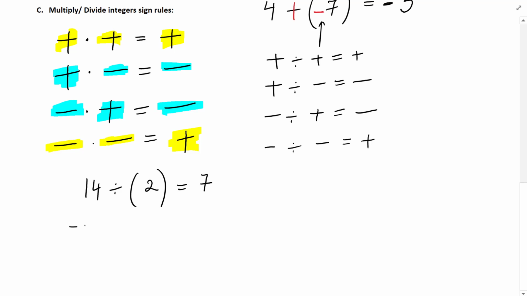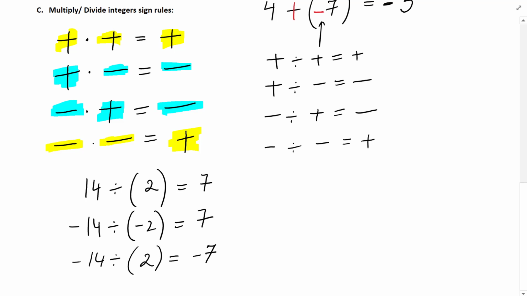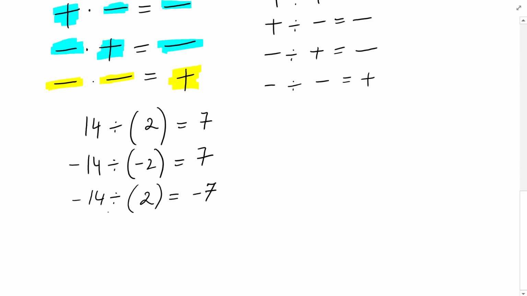Plus, plus. Negative 14 divided by negative 2 is positive 7. Negative 14 divided by positive 2 is negative 7. And 14 divided by negative 2 is negative 7.